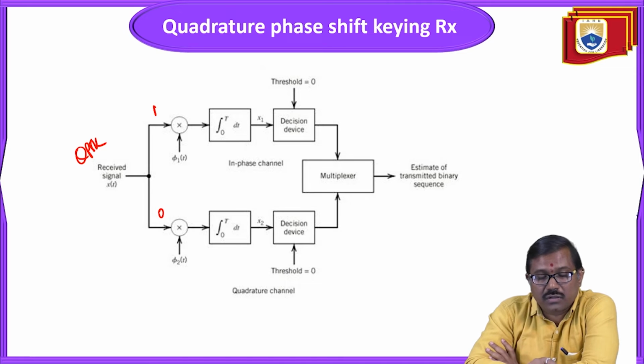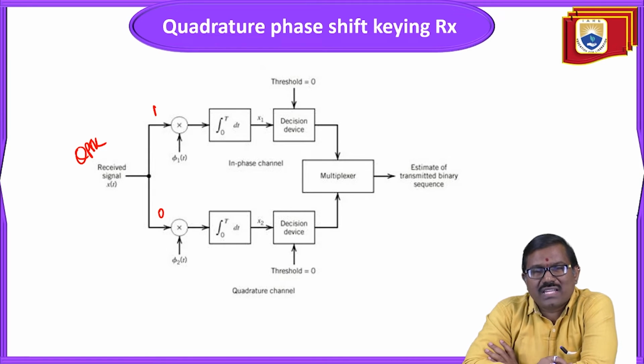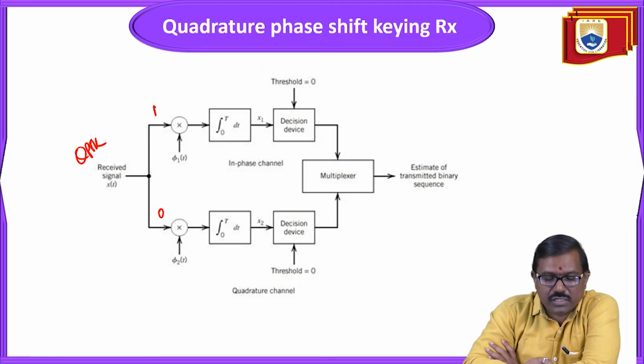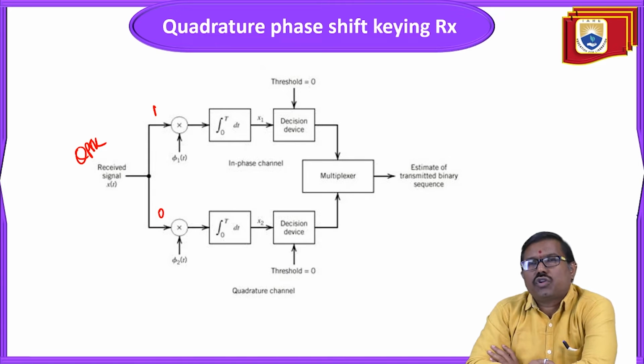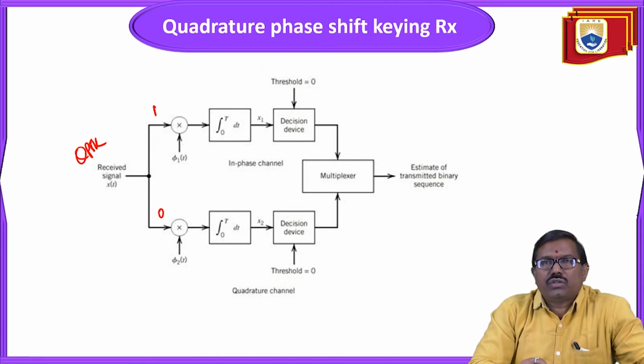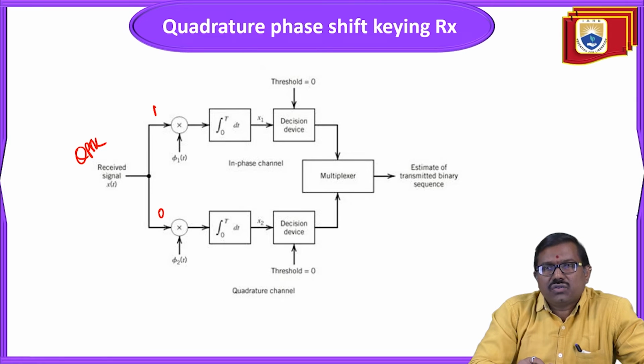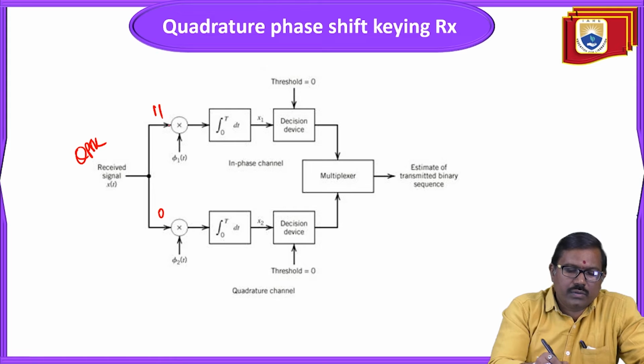That is the upper channel or in-phase channel, and the lower channel is called the quadrature channel. The lower channel is equipped with phi 2 of t and also the same integrator. So the output is again fed to the decision making device. Here it produces either 1 or 0. Why, here it may be 1 1?